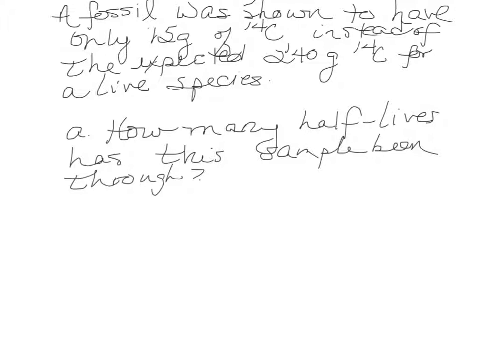Here's a typical problem using carbon-14 data, and it is asking us to analyze a fossil, and according to the size of that fossil, it was expected to find about 240 grams of carbon-14 in it, and only 15 grams was found.